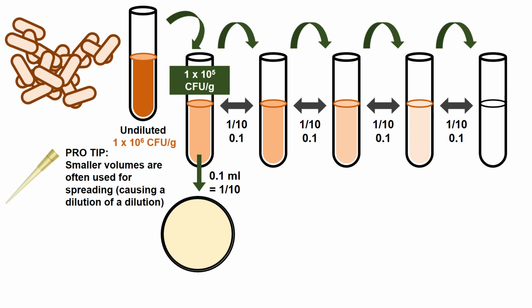Prove that to yourself by doing the math. So take 1 times 10 to the 5th CFU per gram and make it 1 times 10 to the 5th CFU per mil. Multiply that by 0.1 mils, the volume you took out. Mils will cancel, but instead of having 1 times 10 to the 5th CFU, because 1 times 10 to the 5th multiplied by 1 is 1 times 10 to the 5th, 1 times 10 to the 5th times 0.1 is a 10-fold reduction.